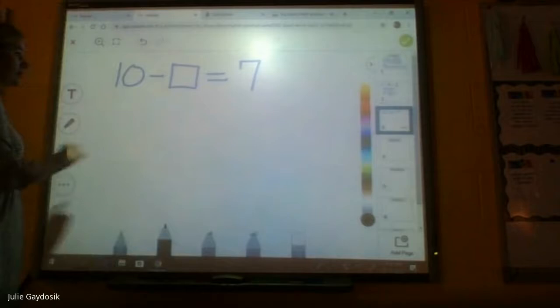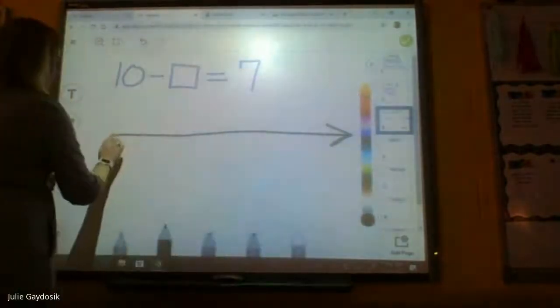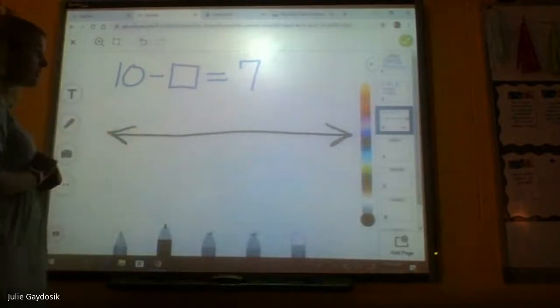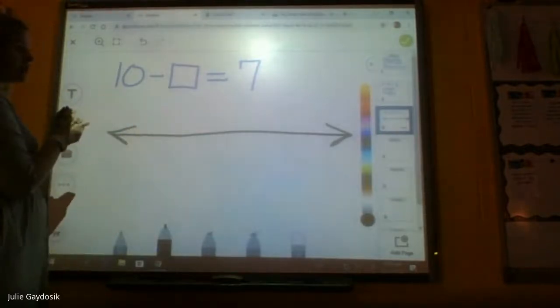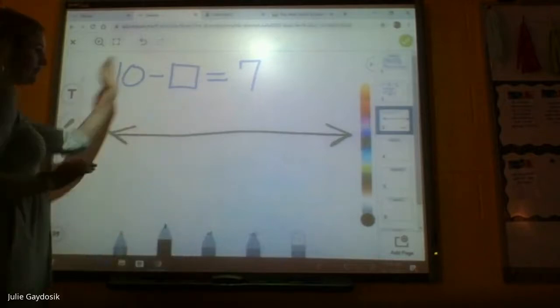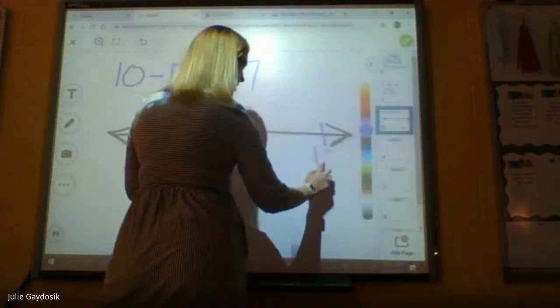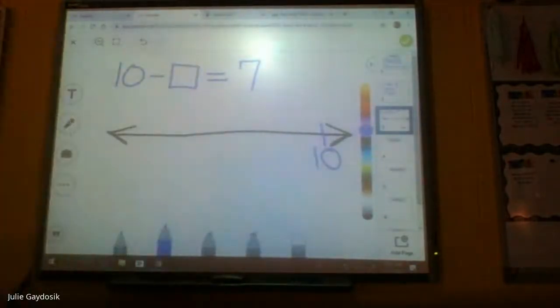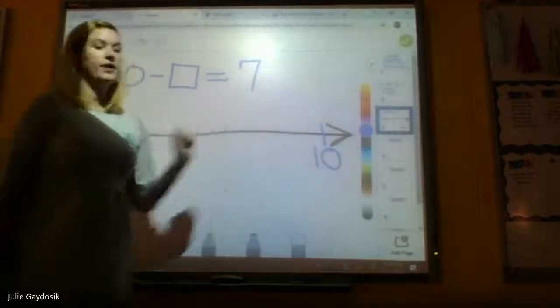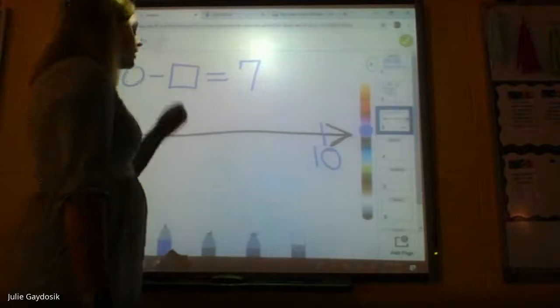All right, so I'm going to go ahead and draw out my number line. Okay, and then when you're in subtraction, remember you're counting backwards. You're not counting onwards. So we're going to start with our number all the way over here on the right side. Now, don't forget, you should be doing this in your notebook with me.